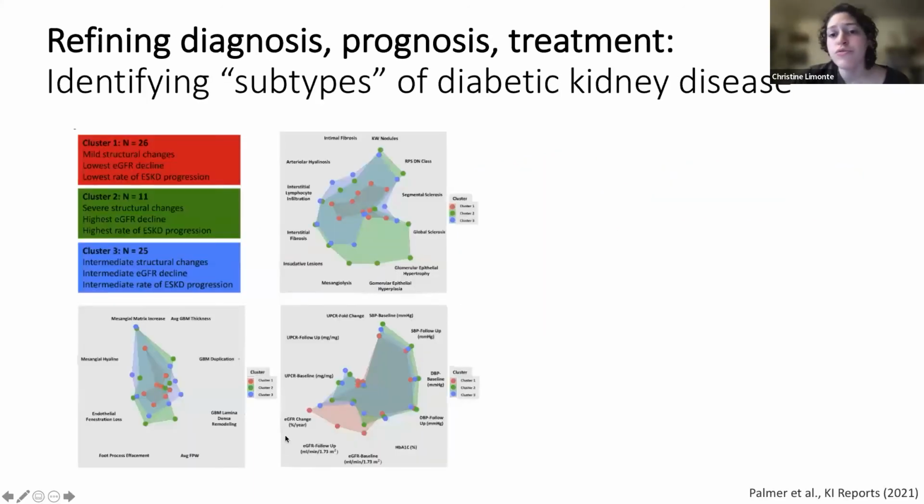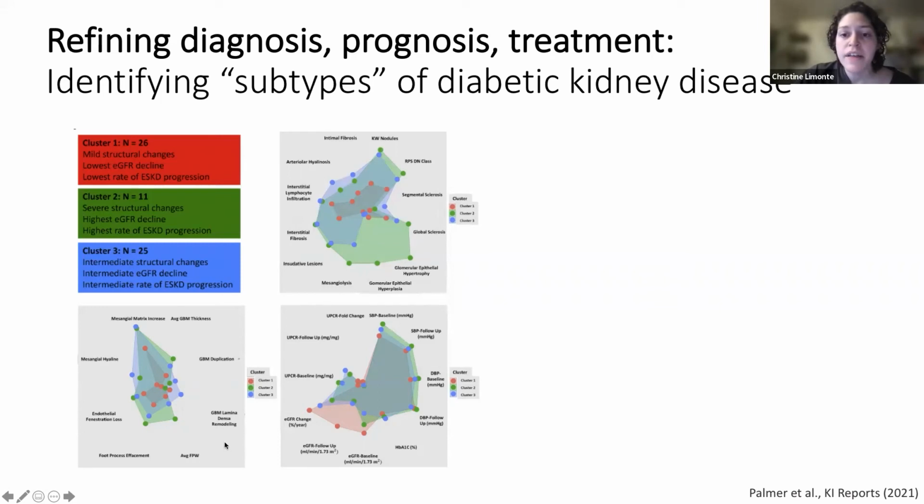Using biopsy to identify subtypes of diabetes may be helpful, for one. Here, showing results from a recent study in the Trident cohort, a large diabetic kidney disease biopsy cohort. Investigators quantified a large number of discrete histopathological features, not dissimilar from the morphometric studies I had shown.